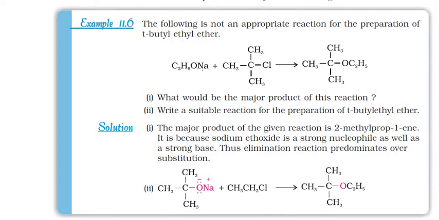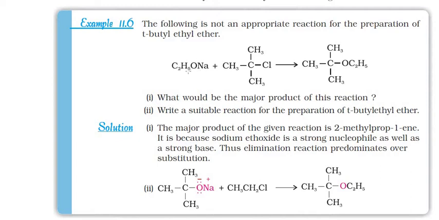How do you name it? It will be named as sodium alkoxide. So which alkane is present? C2H5, that means 2 carbon, that is ethane. So the alkoxide will be ethoxide, and the name will be sodium ethoxide.